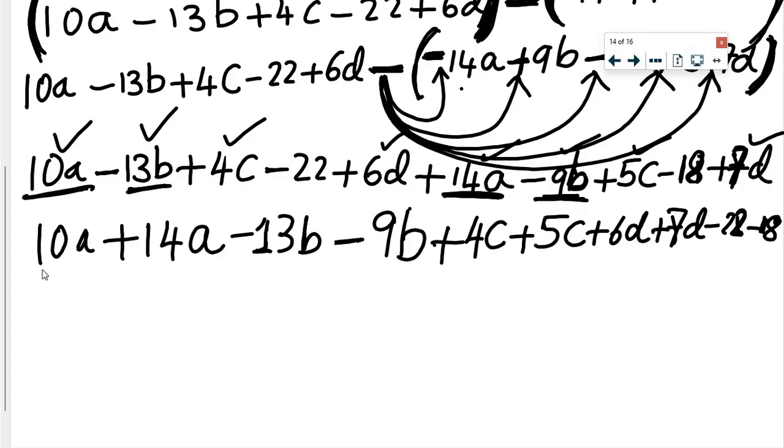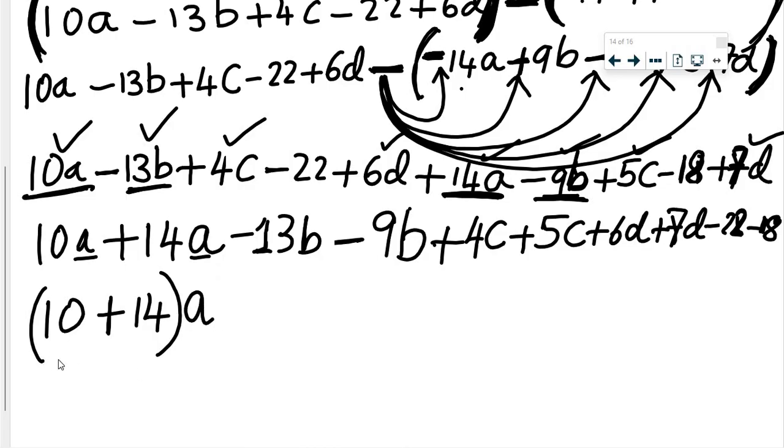This is 10 plus 14. Keep bracket, then a. Before you move to another group, you have to put addition, then open bracket.